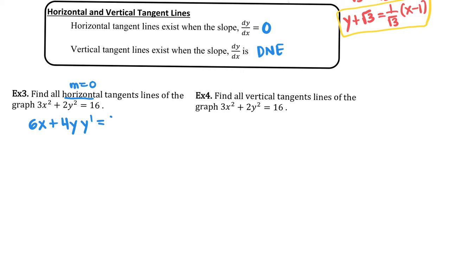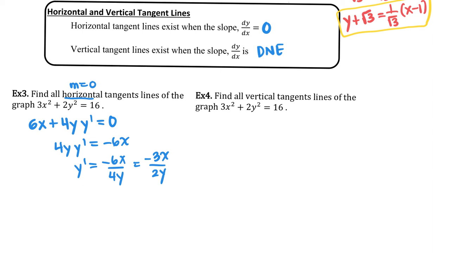Derivative of 16 is 0. Okay, let me solve this. 4y y prime equals negative 6x. y prime equals negative 6x over 4y. Let me simplify that. Negative 3x over 2y.